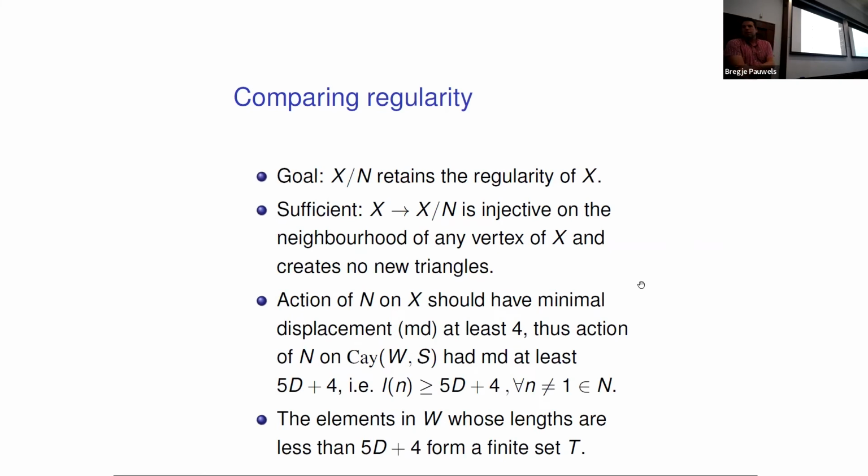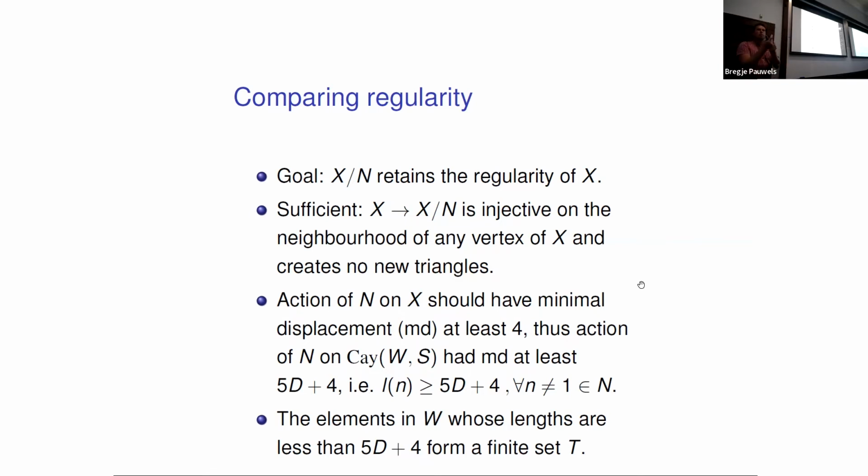Okay, regularity. It's all good and well that we have regular infinite polytopes, but what if after quotienting I destroy this? That would be really bad news. For instance, I had, let's say, 7 triangles on every edge, and now after quotienting I have distorted that. It's no longer regular. It's sufficient to have that after you quotient, it's injective on the neighborhood of any vertex.